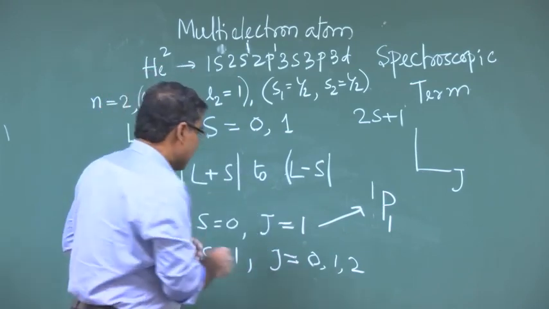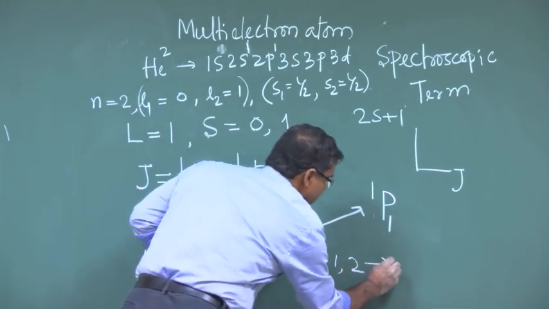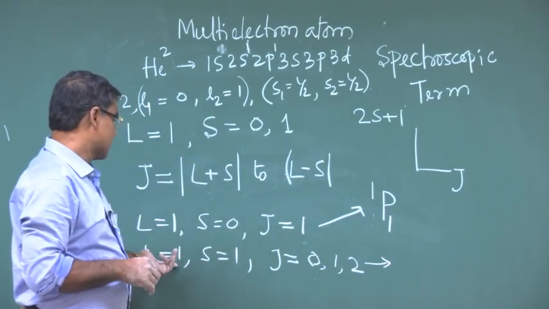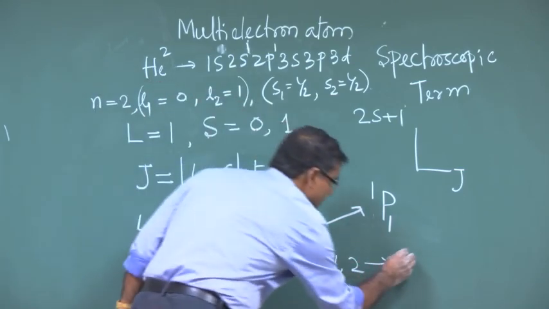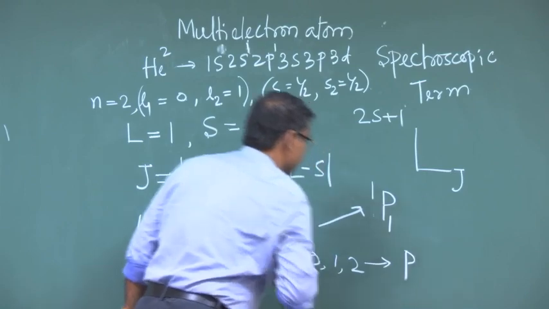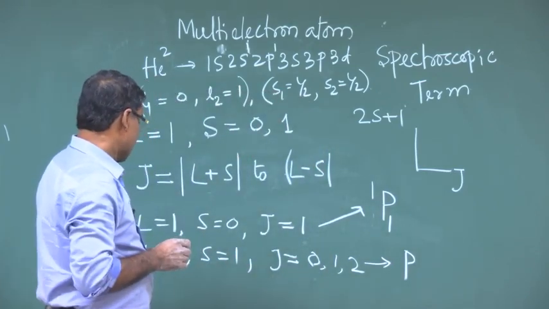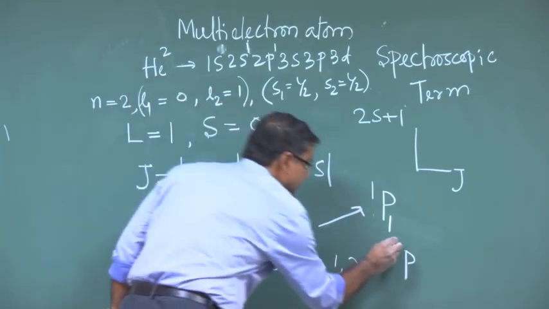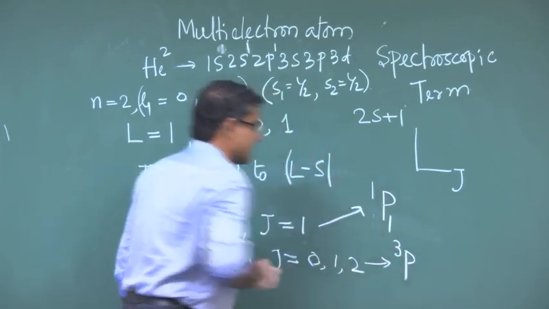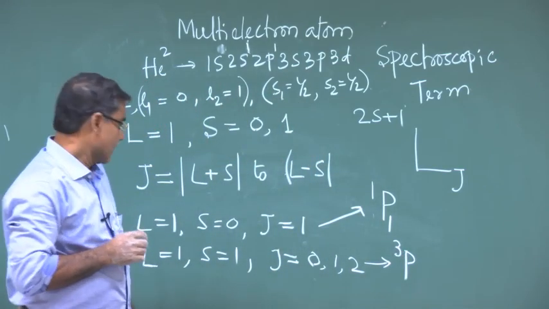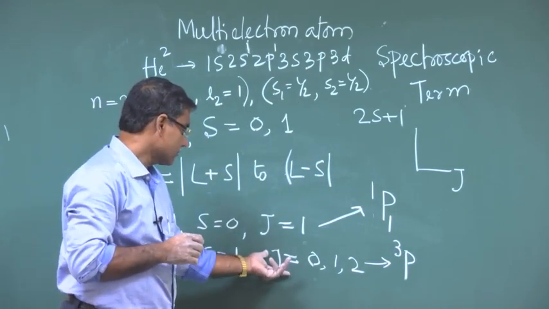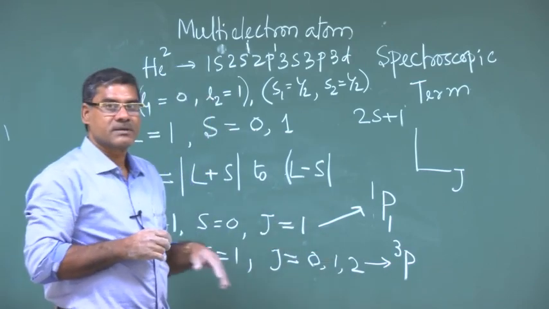And S equal to 1 means 3, and then J value is 0.